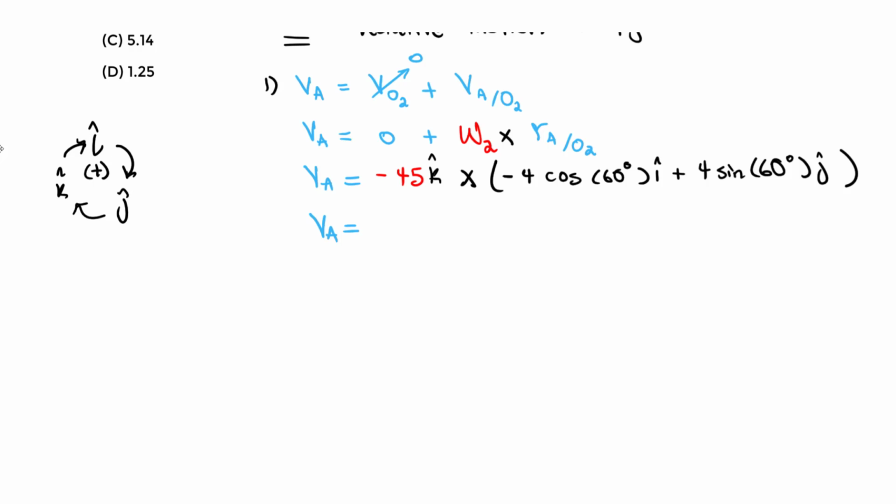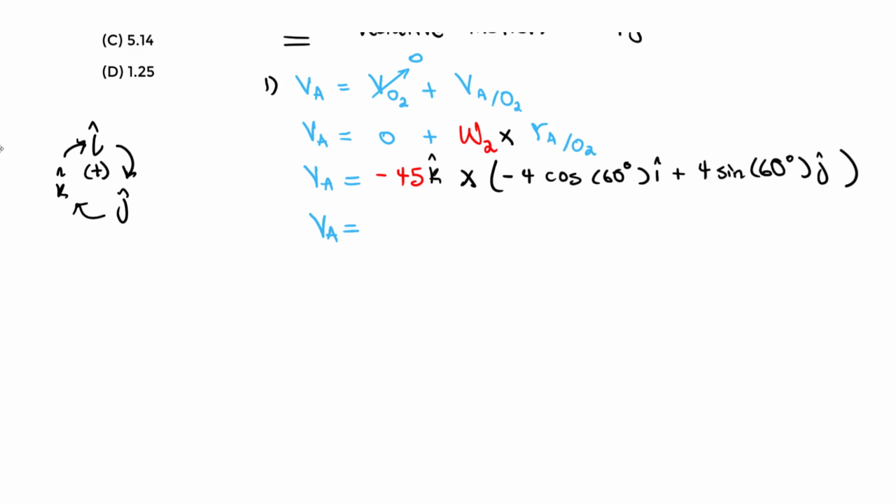If we do I cross J, we get positive K. But if we do K cross J, we get negative I, right? Because this way is positive. So in this case, we have negative 45 in the K crossed with I. K crossed with I will be positive, right?